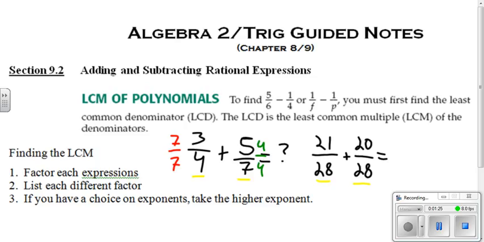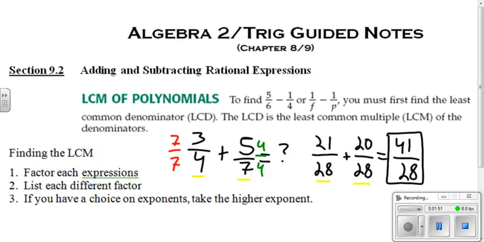In adding fractions, the denominator doesn't change. We just carry through the numerator. So we'd be left with 41 over 28, which actually doesn't simplify down, so that's the most simplified version of this fraction that we can find. So that's how to find things numerically using just fractions.